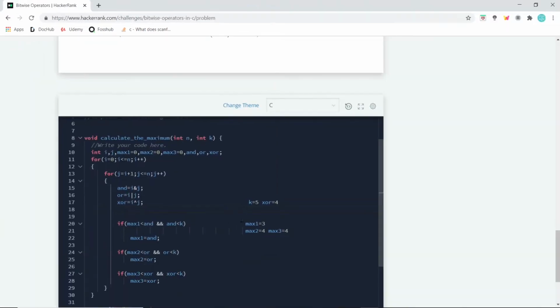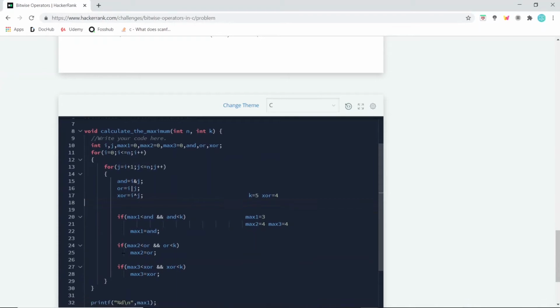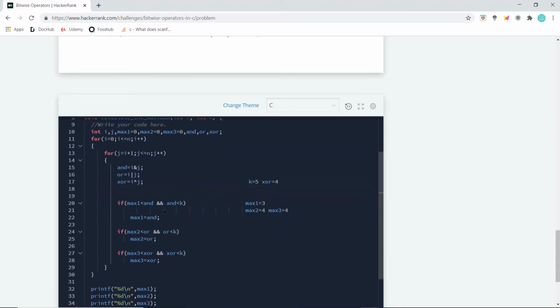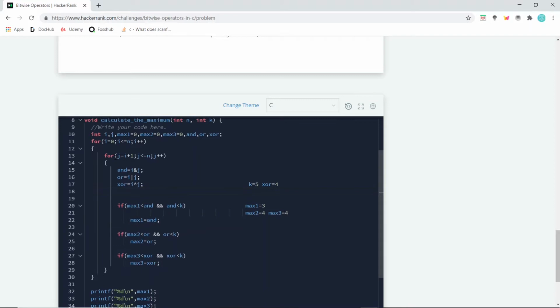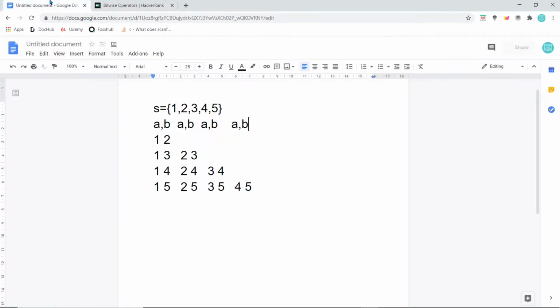So this loop will execute four times for the first case, when I is equal to 1. And then we have the value of I increasing by 1, which basically means the value of A increasing by 1.